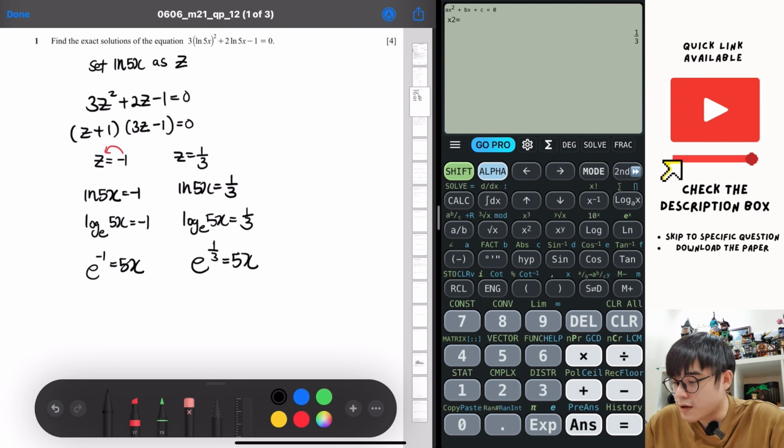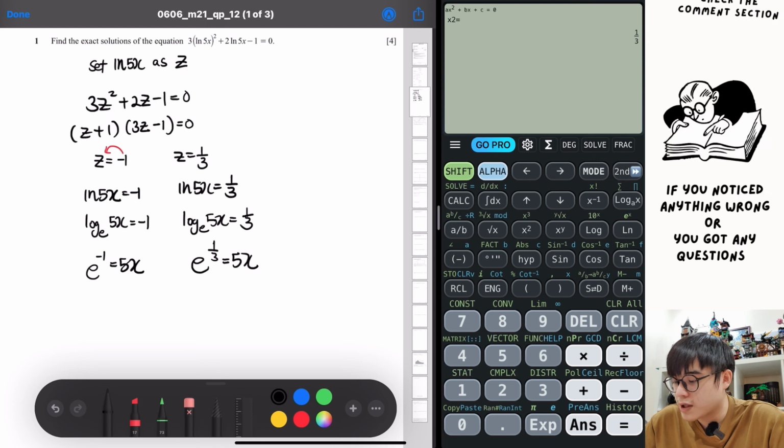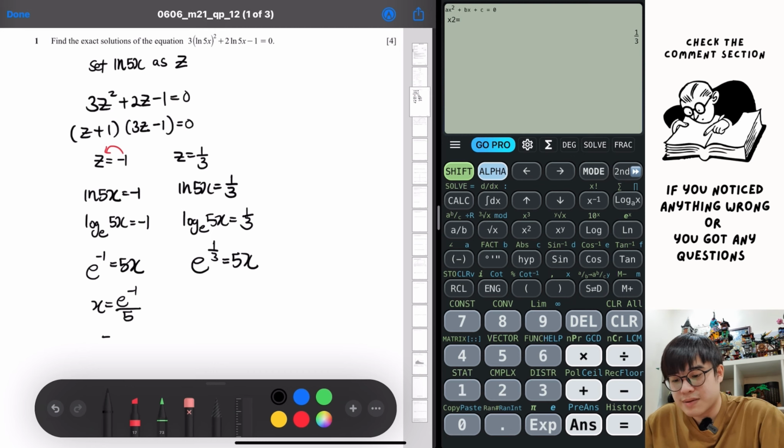When you run the calculation accordingly, we get x as e to the power of negative 1, then divided by 5.